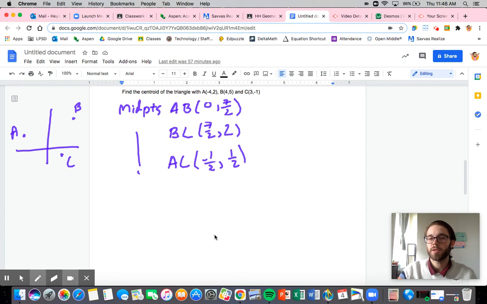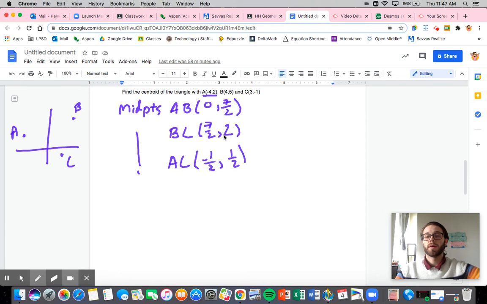Okay, so just looking at these, you're probably going, none of these are particularly nice. Well, I will say BC, the median involving the midpoint of BC, is going to go to the vertex A. And we know that they have the same y coordinate. So when they share a y coordinate, that's a horizontal line.